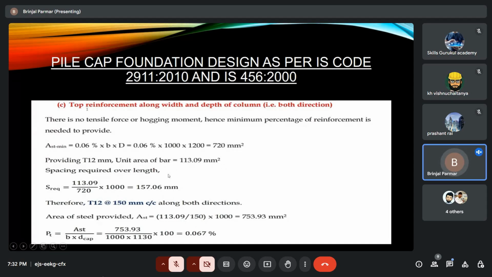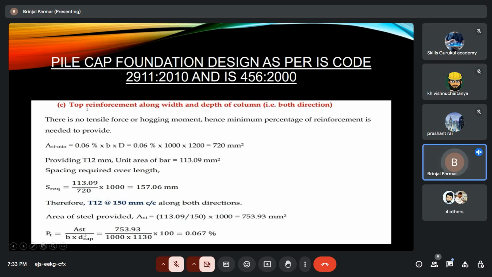Spacing required over a length is 113.09 divided by 720 into 1000, is equal to 157.06 mm. So we have to consider T12 at the rate of 150 mm center to center along both the directions. Area of steel provided Ast is equal to 113.09 divided by 150 into 1000. So we get 753.93 mm square.